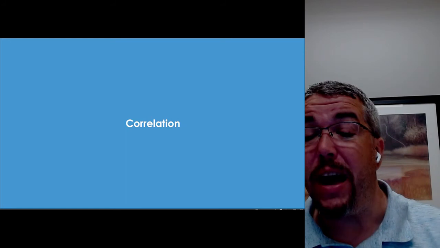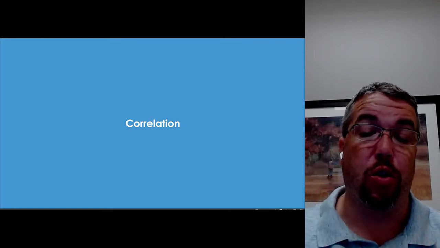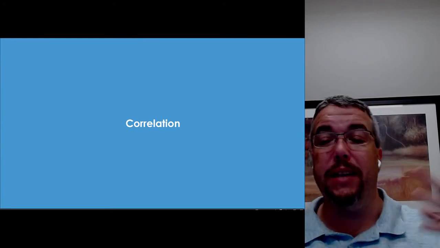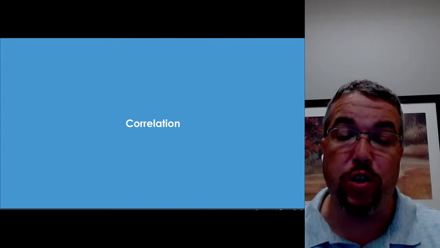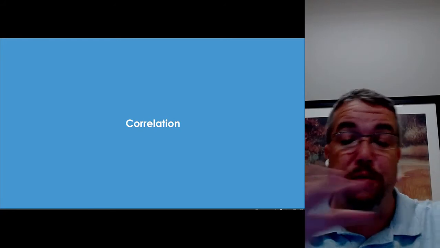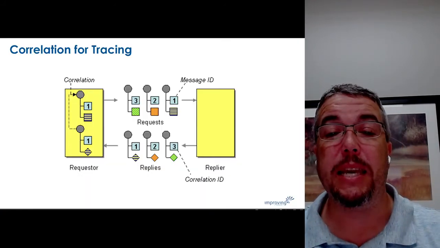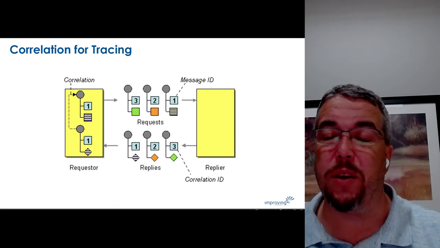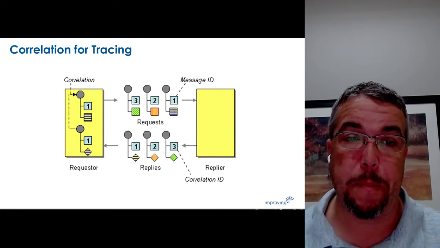And so finally here, I want to spend some time and talk about correlation. When we're building a large distributed system and we've got messages flying through all sorts of services, and we've got logs on every one of those services, and data is flying everywhere, it can become really, really difficult to make sure that we can trace what has been going on.